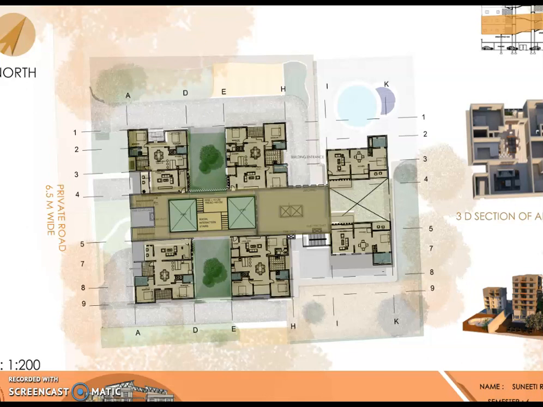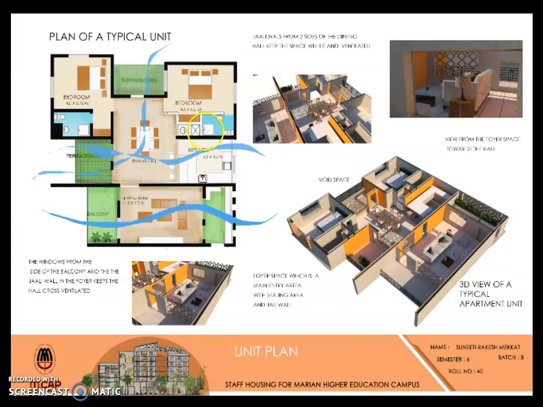The second floor cum third floor plan shows the typical 3 BHK and 2 BHK units and the 1 BHK unit. This is the typical 3 BHK or the 2 BHK unit.